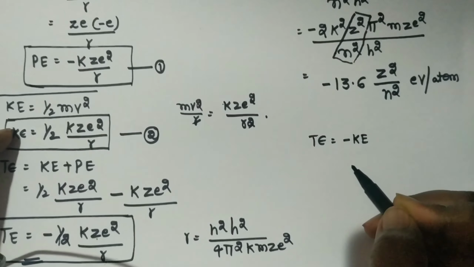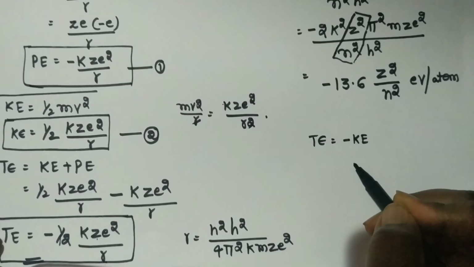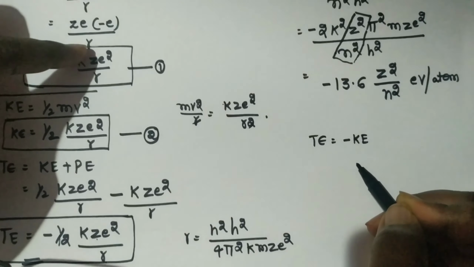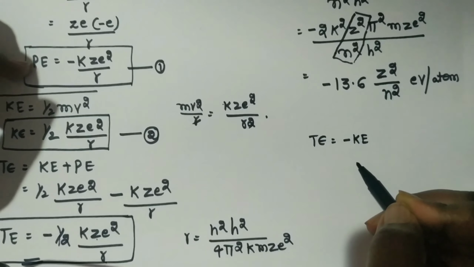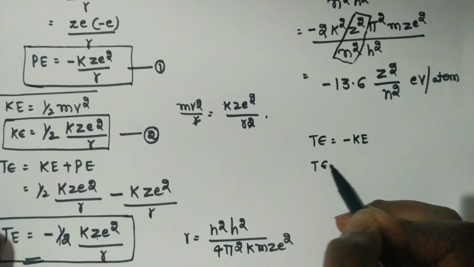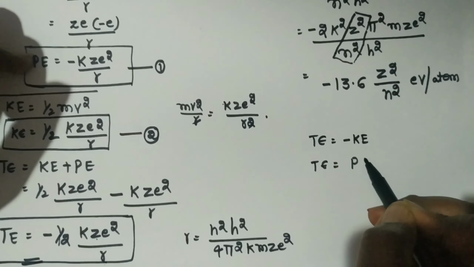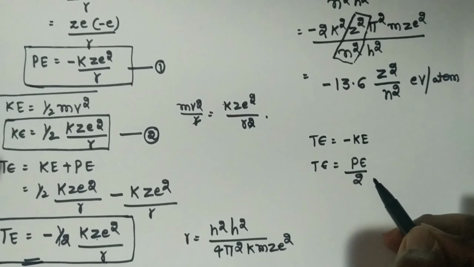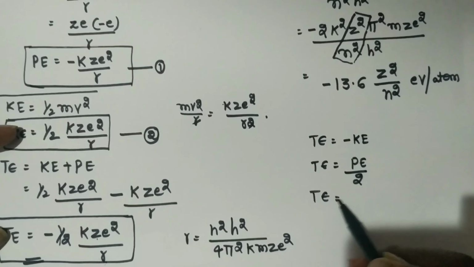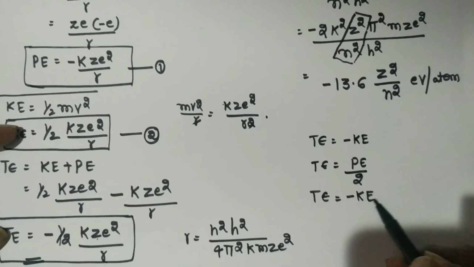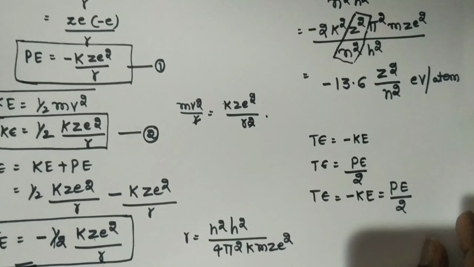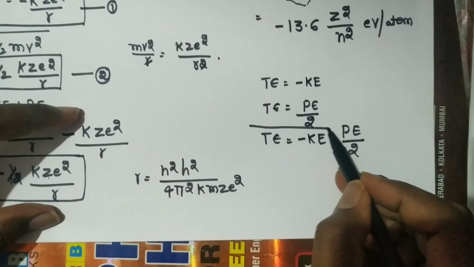Then potential energy: total energy is minus K Ze square upon 2r, potential energy is minus K Ze square upon r. Potential energy is twice of total energy, so we can write total energy is equal to potential energy upon 2. So we can write total energy is equal to negative of KE is equal to potential energy upon 2. This one is very important.